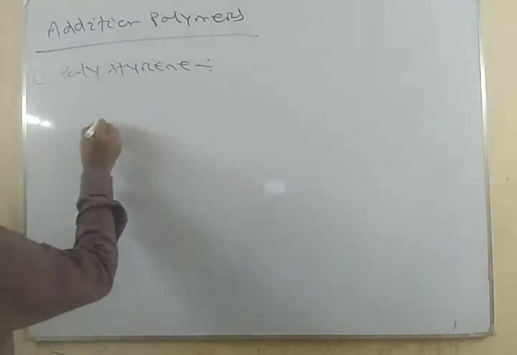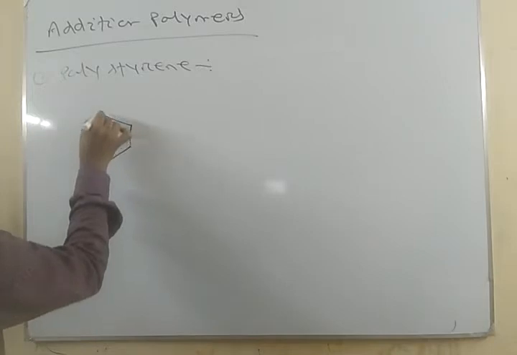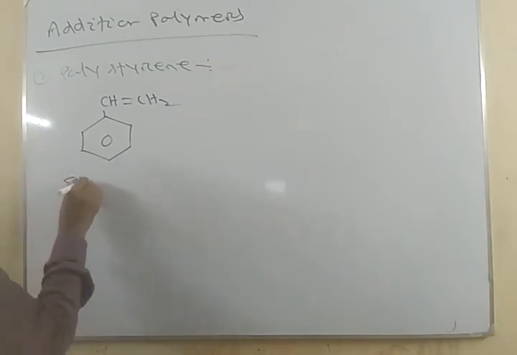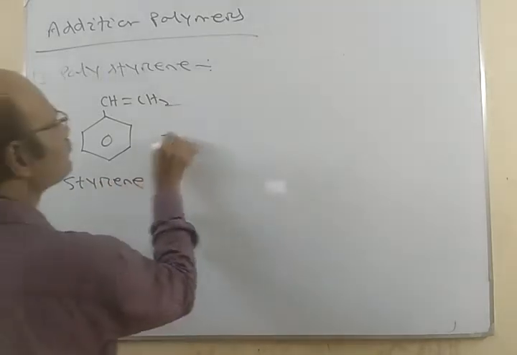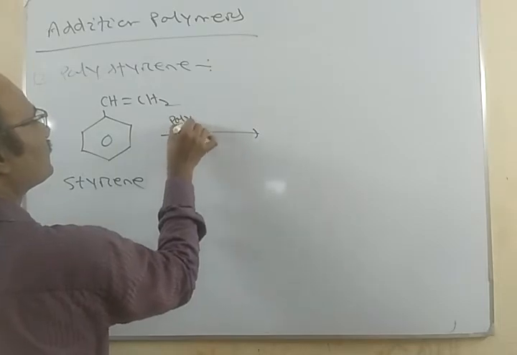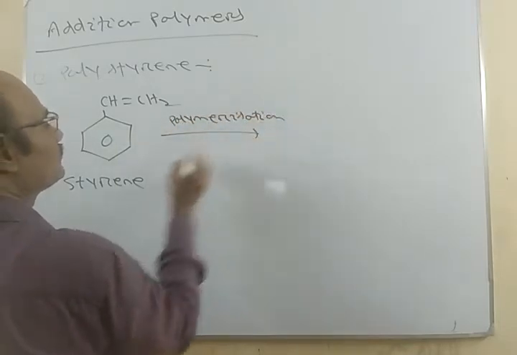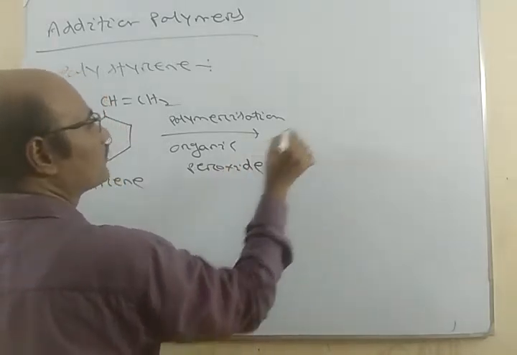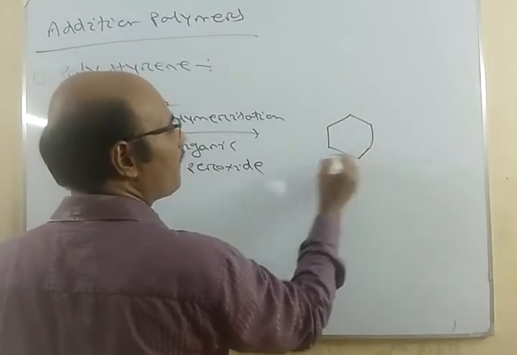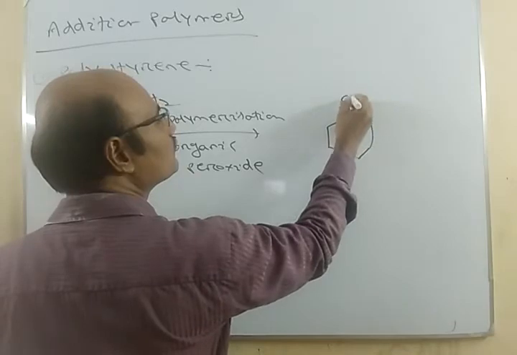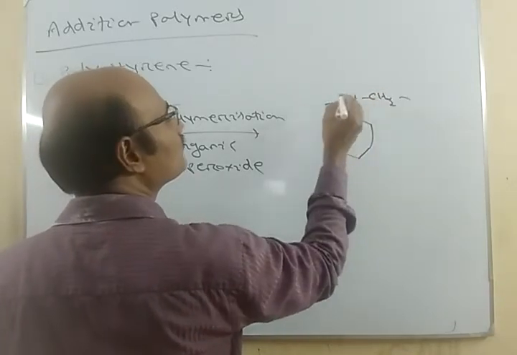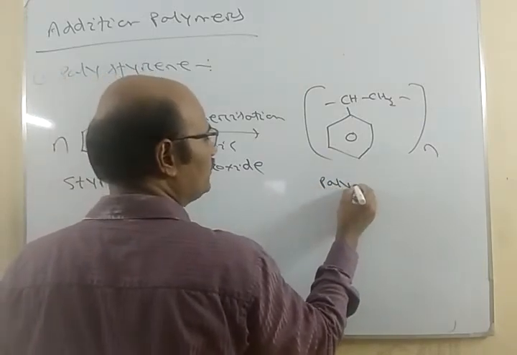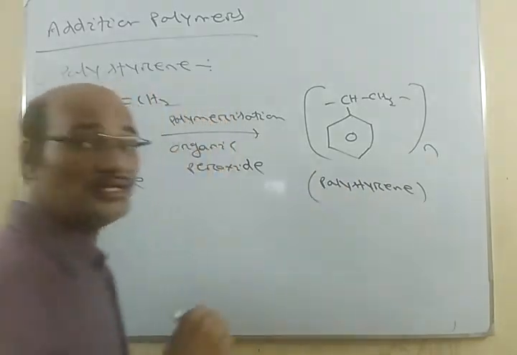So if I take styrene, C6H5-CH=CH2, and undergo polymerization with organic peroxide, we will have (CH2-CH(C6H5))n, polystyrene.